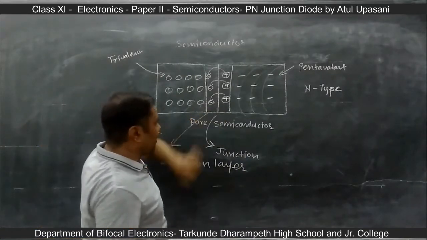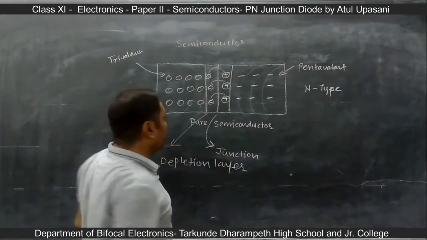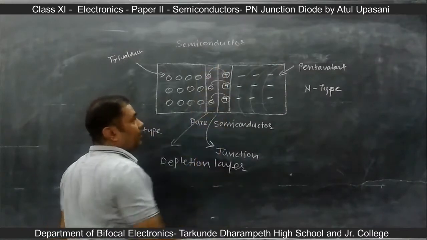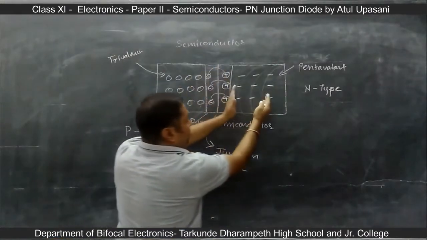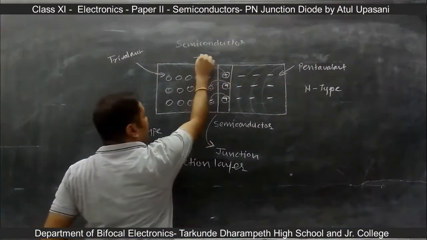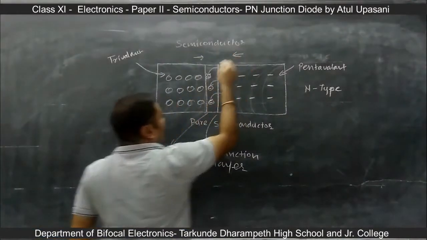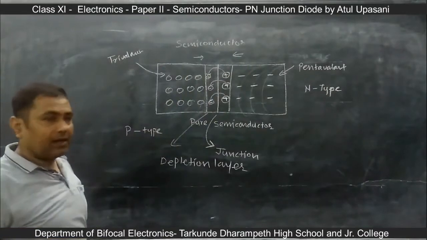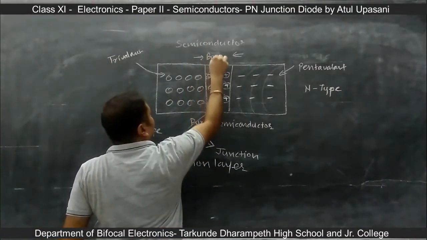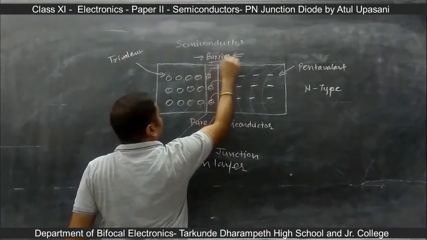Now, if different ions are there, they will form a potential, and this potential creates a barrier between p-type and n-type, because further recombination is stopped here. So this region where the positive and negative ions are there is called the potential barrier.